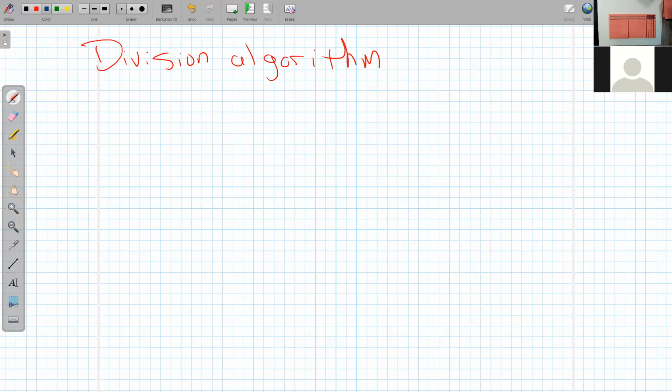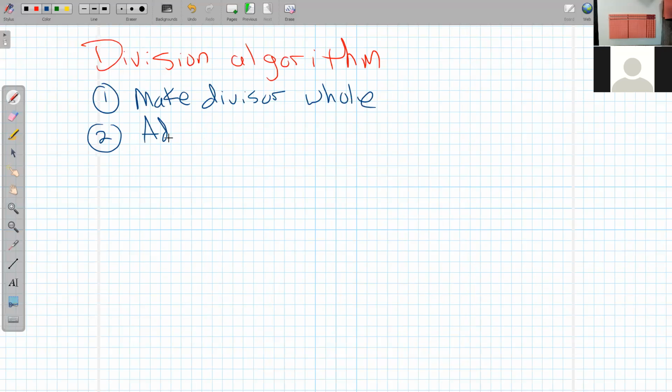So the first step in the division algorithm, and again, this isn't drawing pictures, it's just a series of steps to get it done, is that we have to make the divisor a whole number. Second thing is we have to adjust the numerator, the dividend, in the same way.